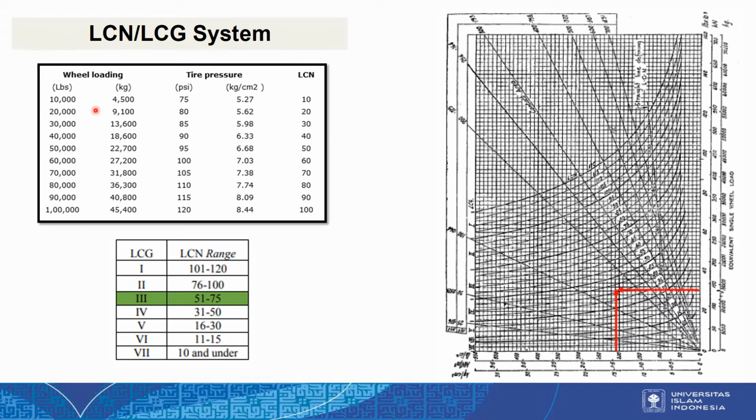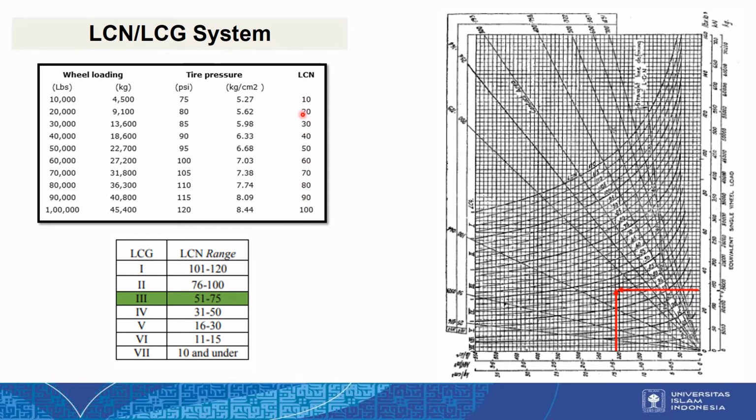So this is the table for the LCN system, and this is the table for the LCG system. For the LCN system, the LCN number is basically from 1, but for instance the table is from 10 to 100. So this is the LCN value or LCN number.